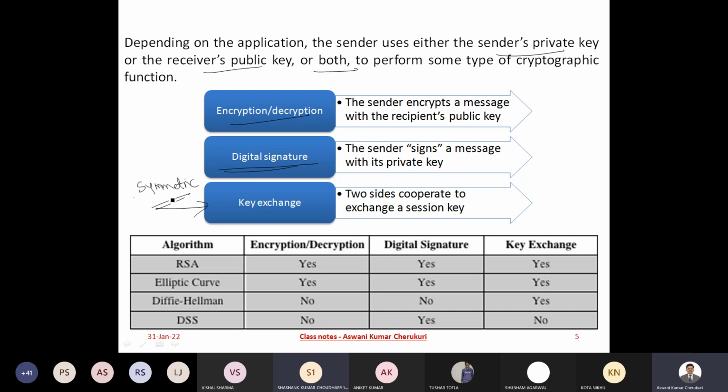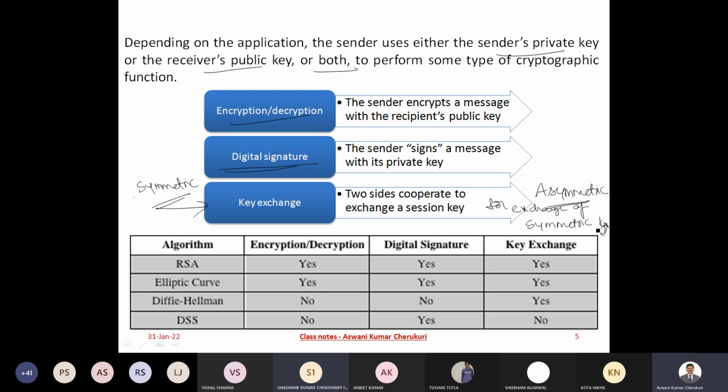What I can do here is use an asymmetric crypto system for exchange of symmetric keys. So I can solve the problem of securely exchanging the common key through asymmetric crypto systems.